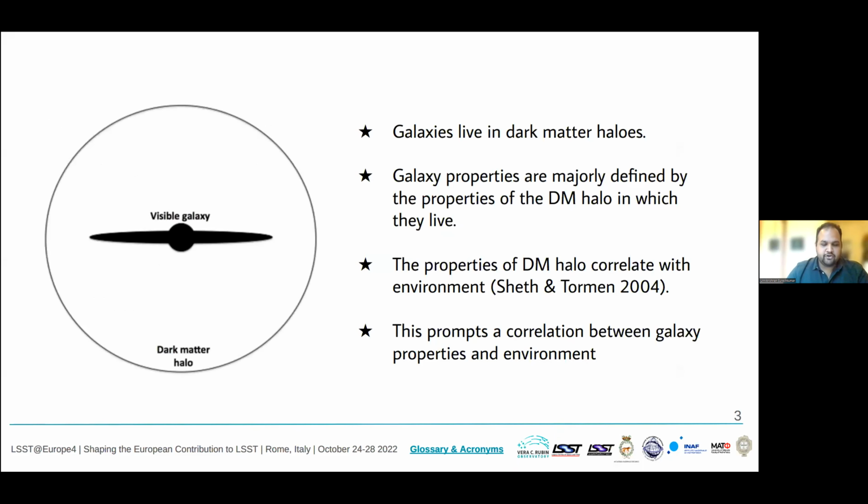These galaxies live in dark matter halos, and their properties are majorly defined by the properties of the dark matter halo in which they live. At the same time, the properties of these dark matter halos correlate with the environment. By environment, I mean whether they are in the denser regions of the cosmic web, where many galaxies live together. Hence this prompts a correlation between the galaxy properties and the environment.